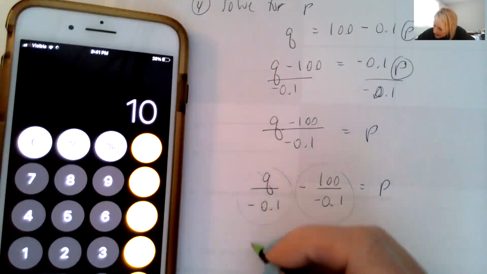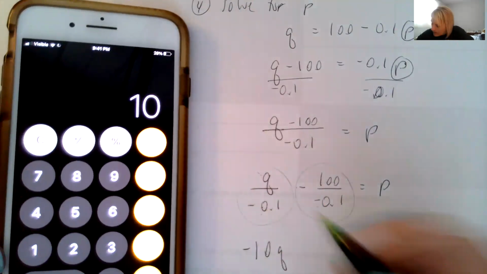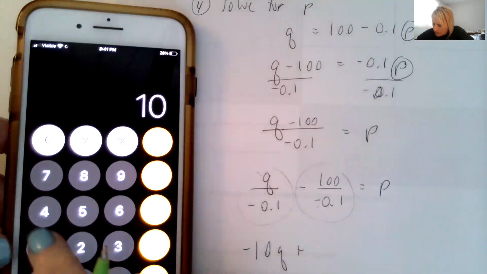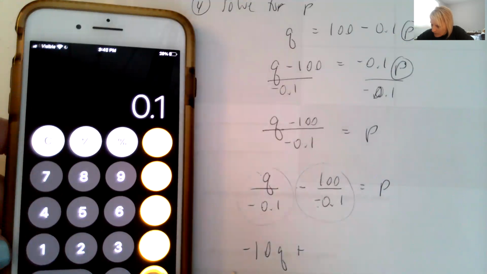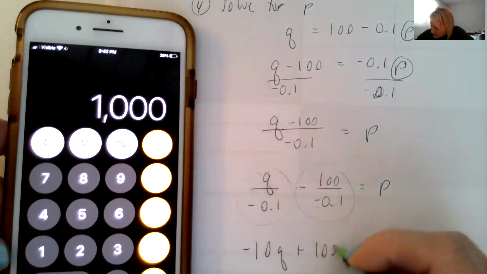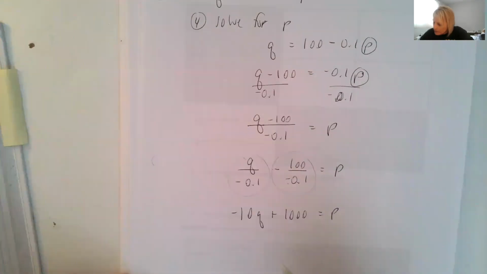So this is really a negative 10q, and this is a negative over a negative, so it's a positive, and then we'll do 100 divided by 0.1, and that's 1,000 equals p. So now you've got the same thing written in integers.